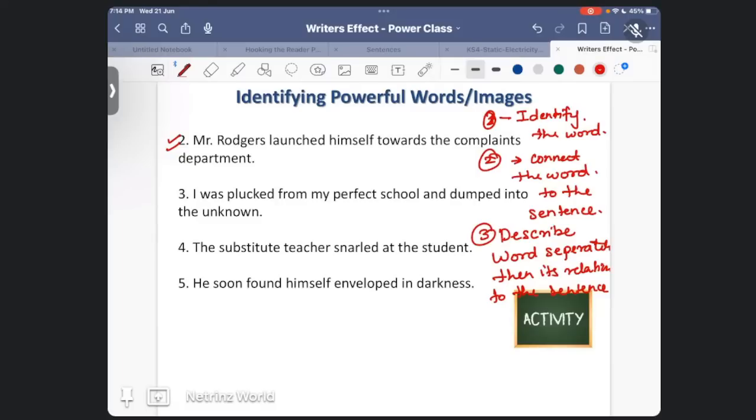And what is the last point? Describe the word separately, then comma, then its relation to the sentence.